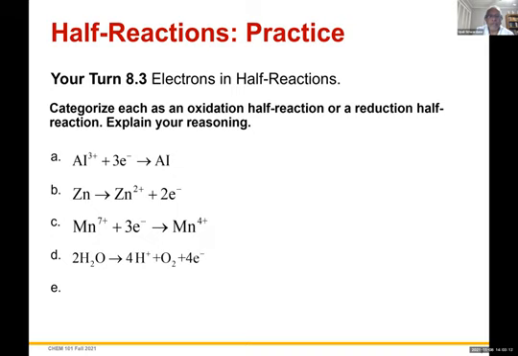The other half reaction is iron. Iron and water produce iron oxide, so this is an oxidation half reaction. Hydrogen ions can also gain 2 electrons and are reduced to hydrogen. Protons are reduced.